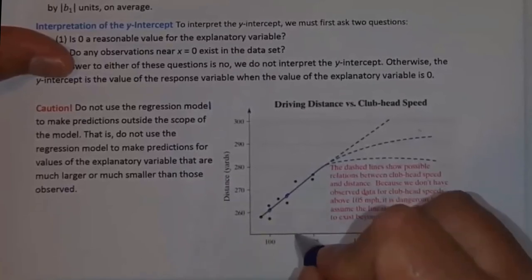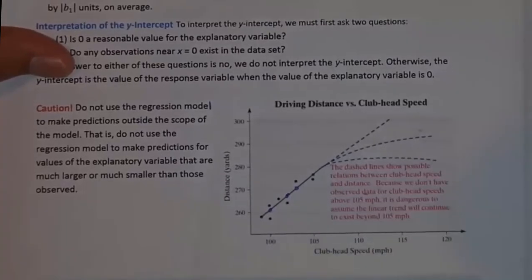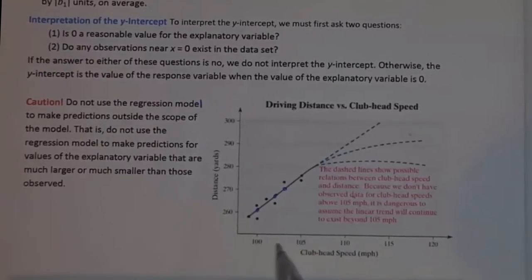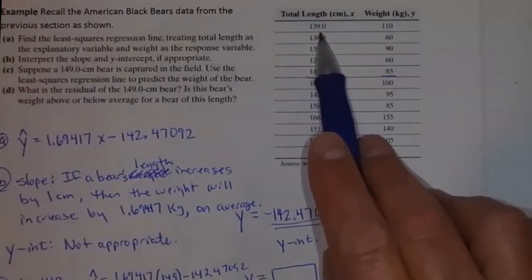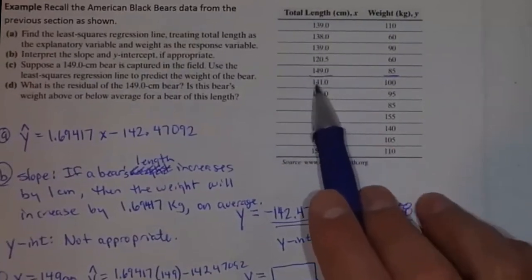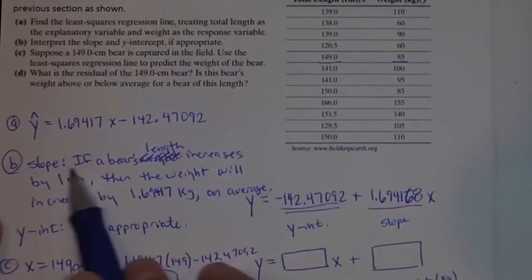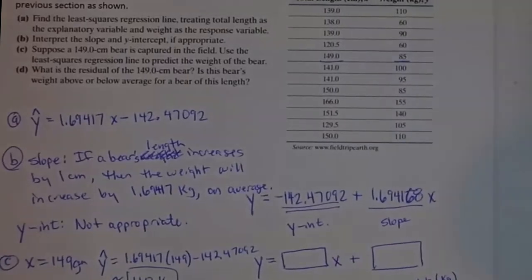So if x is this value, the average y value would be on the line. So that line is what we would expect on average for the varying values of x. I wouldn't expect, for example, a bear that is 139 centimeters long to weigh the same amount as a bear that is 149 centimeters long. So these predicted y values are what we would expect to happen on average for the different values of x.